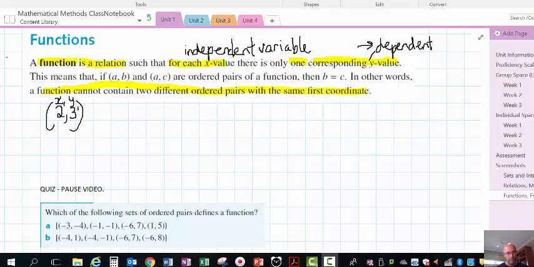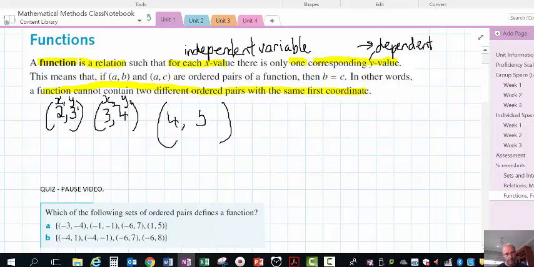We have another point, (3, 4). Call that x2, y2. These are little subscripts. They're just naming devices. And (4, 5) will be called x3, y3.